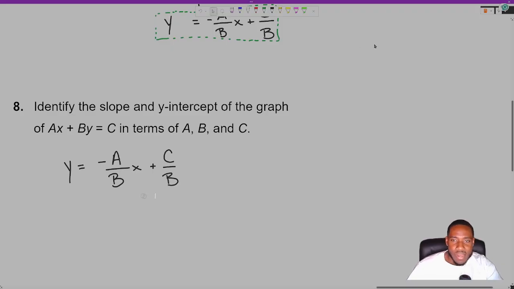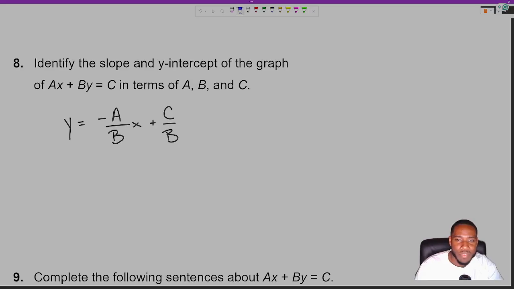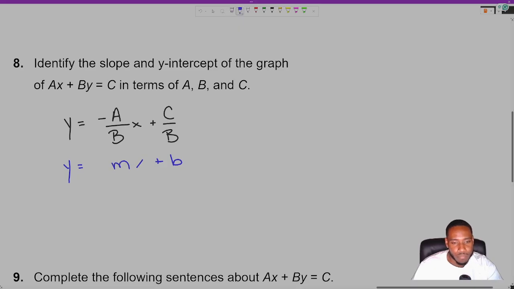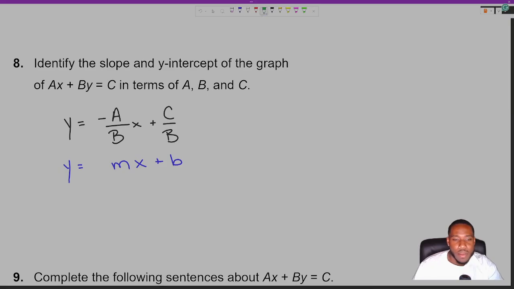Now you remember, by comparing this to our slope-intercept form, and I'll move the m a little bit closer, that our slope is whatever number is attached to the x.